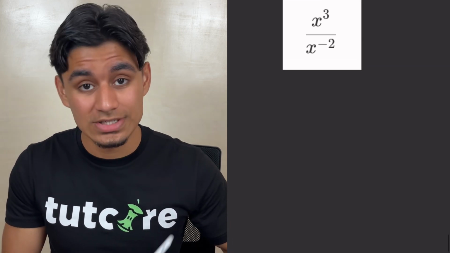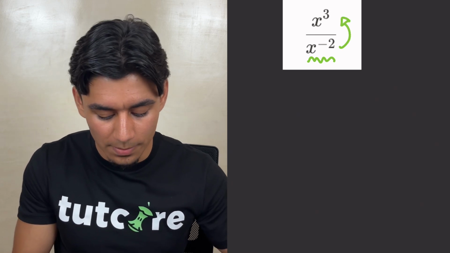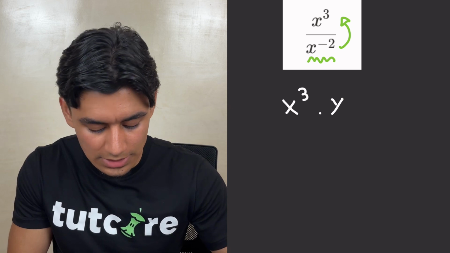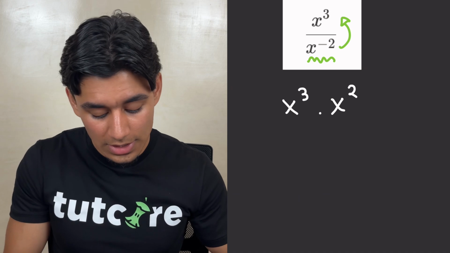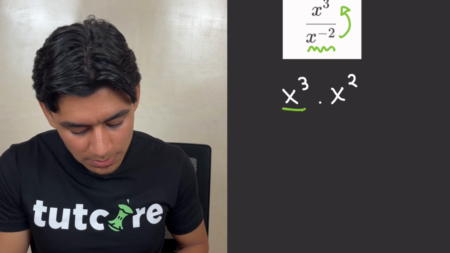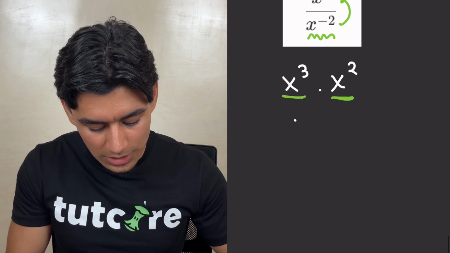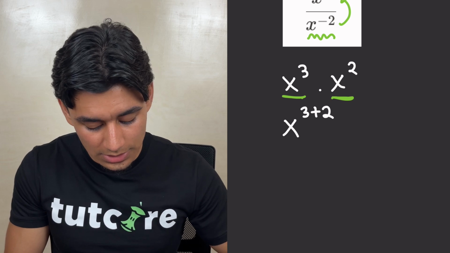So because this is one term in the denominator, I can actually bring it to the top. So I'd be left with x to the 3 multiplied by x to the 2 over 1. So we don't need to write the over 1. Now we can see that we are left with the product rule because we are multiplying the same base. So that means we write down our base and we add up our exponent.